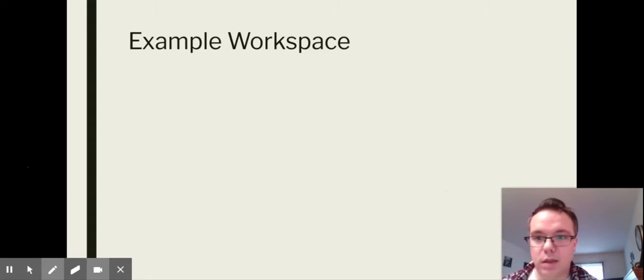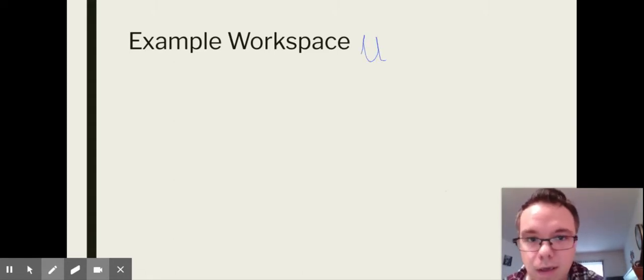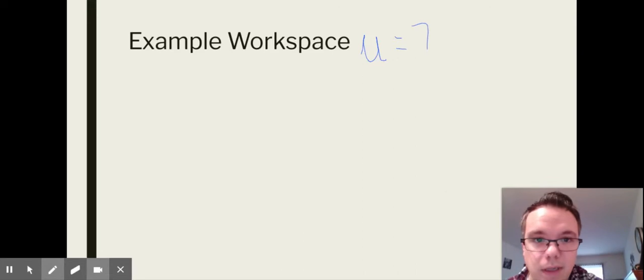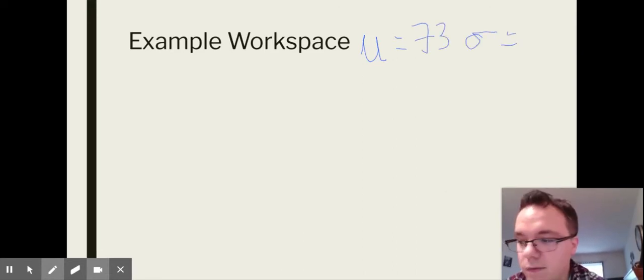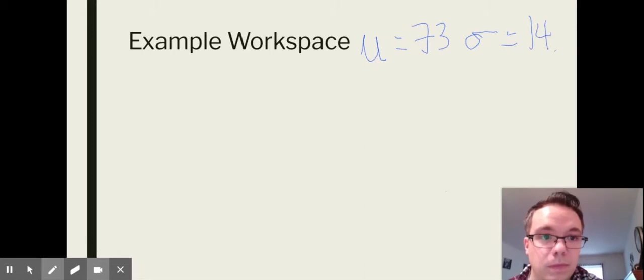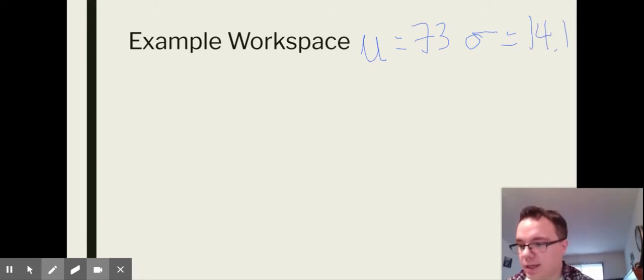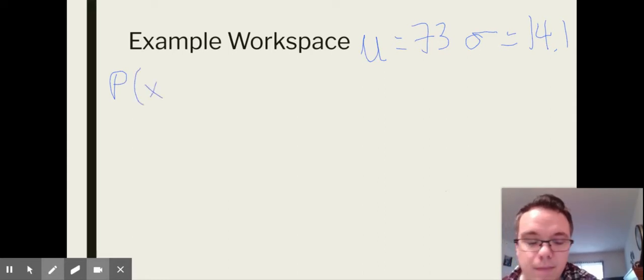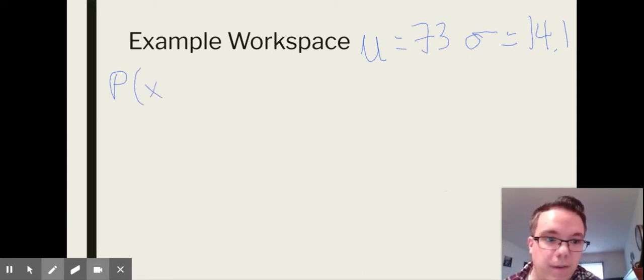All right. So the mean they gave us was 73, and the standard deviation they gave us was 14.1. The first question asks, what is the probability that there's at most 50 seals? So we want to know the probability that X is, and at most means there are 50 seals or less.